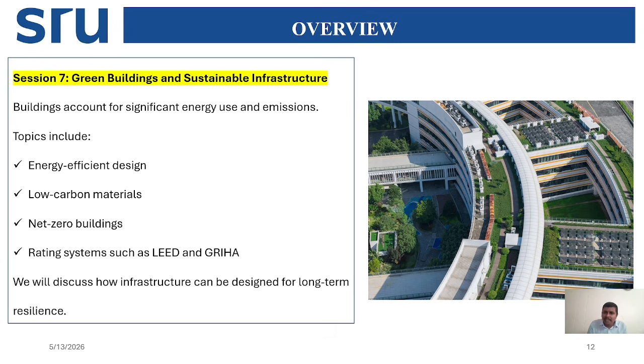Nowadays people are designing net zero buildings, where net zero means whatever energy is required, the building should generate, maybe through solar power, and the carbon emissions should be reduced. We will also discuss rating systems like LEED and GRIHA ratings, all these points in detail in session number seven, green buildings and sustainable infrastructure.